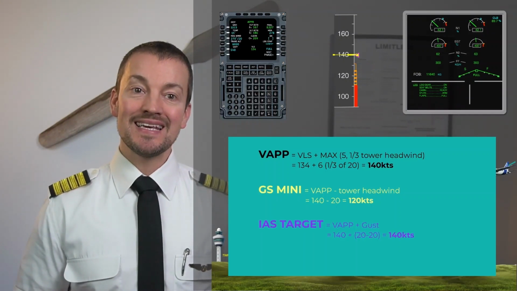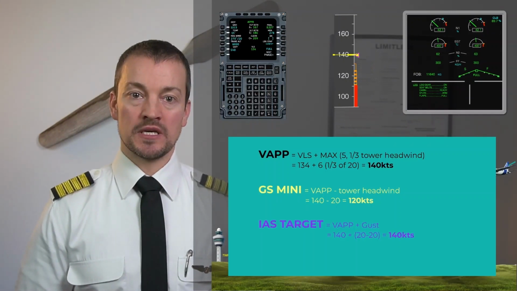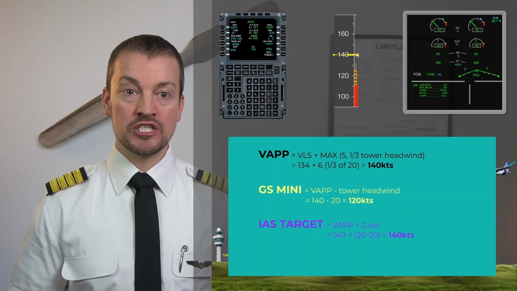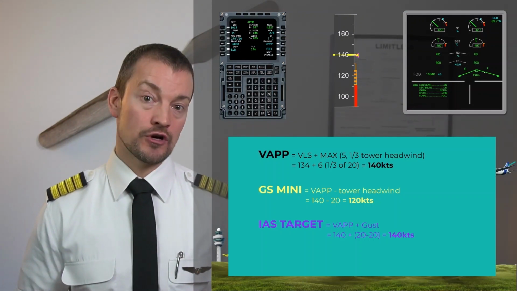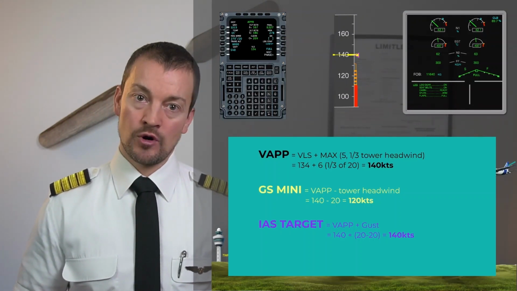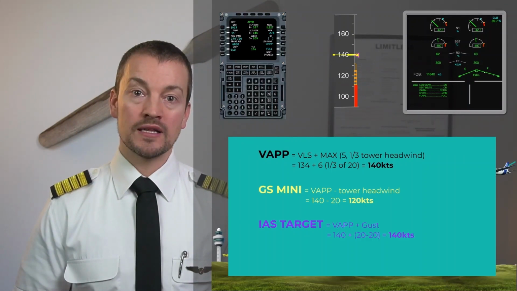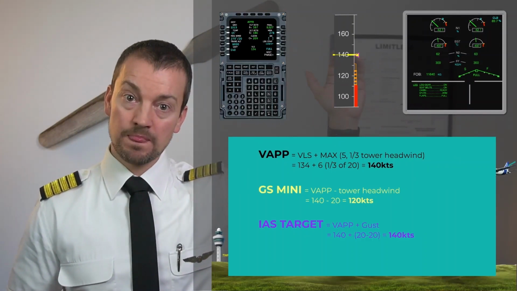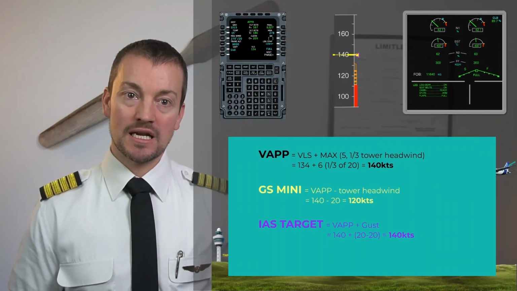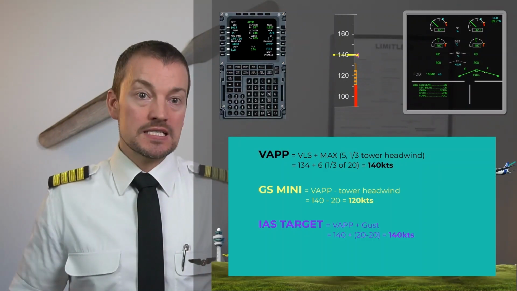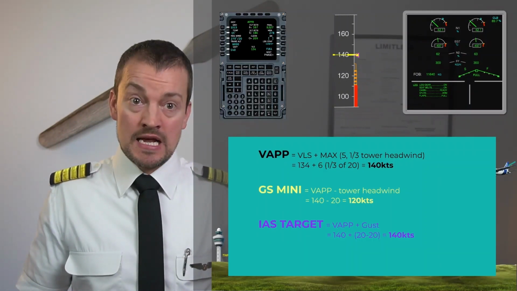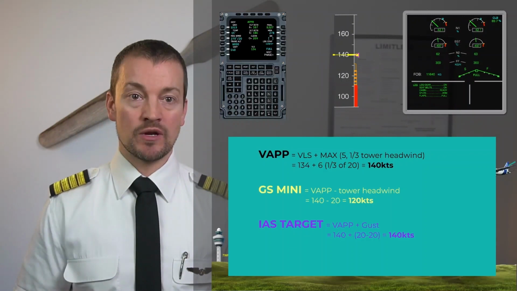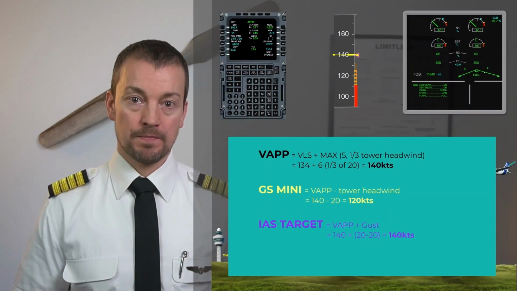We call it the approach target speed, the indicated target. It is magenta when we have managed function, and the formula used for the target right here is V approach plus any gust. In the scenario I have in front of you right now with the 20 knots headwind, there are no gusts.